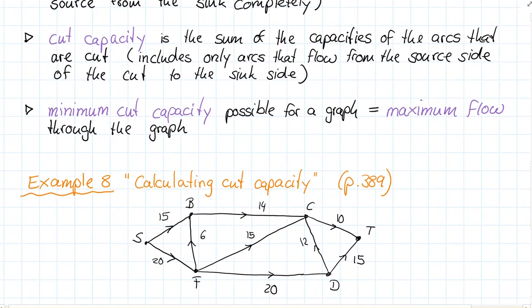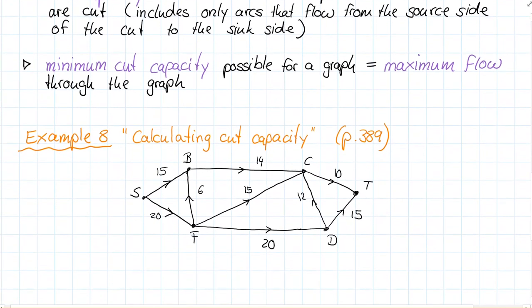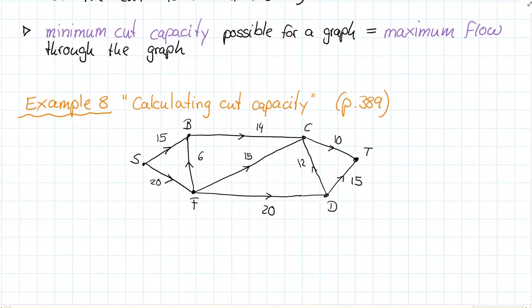That sounds a bit weird, but when we do this example here, example 8, that actually makes a lot of sense. So we want to cut this graph so that the source is separated from the sink. We're going from S to T. We want to separate them completely, and we can do that by cutting along here.